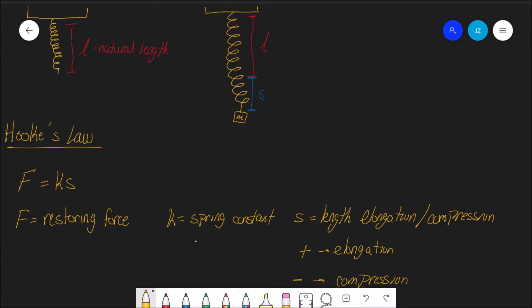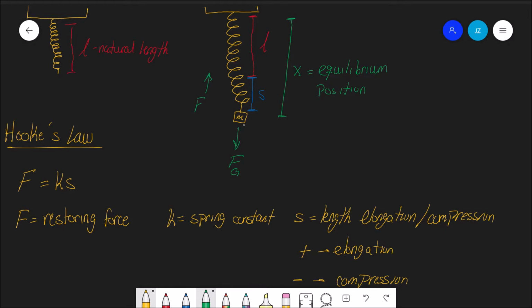Now this new length, let's call it X, doesn't matter. This is the equilibrium position. It simply represents the point at which the force of gravity matches the restoring force.